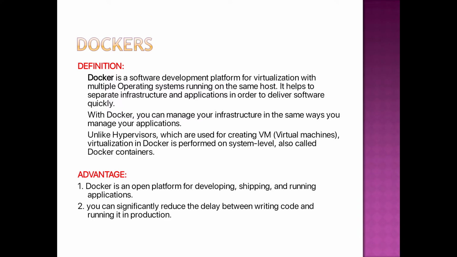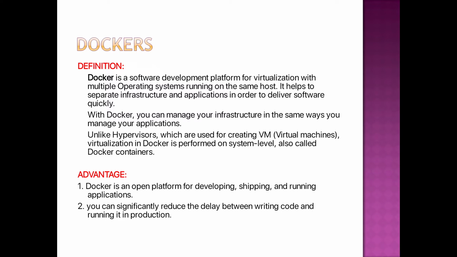It provides some kind of illusion to the user that multiple operating systems are running on the same host. It helps to separate the infrastructure as well as the applications in order to deliver software quickly.